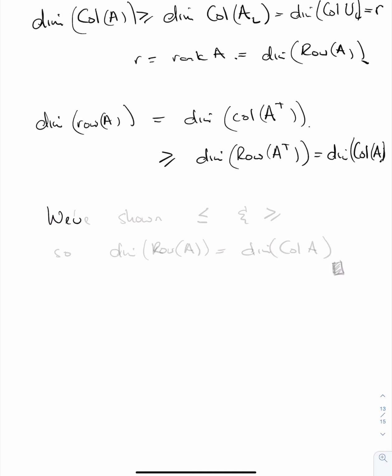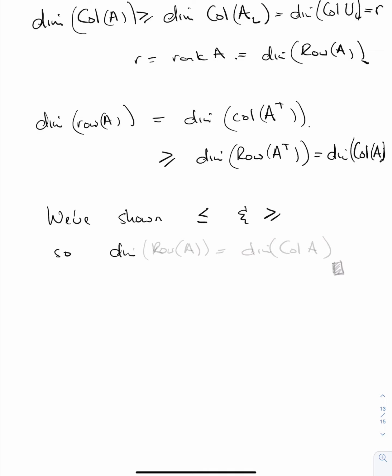So we've shown that the dimension of the column space of A is less than or equal to the dimension of the row space of A. And we've also shown the other inequality.